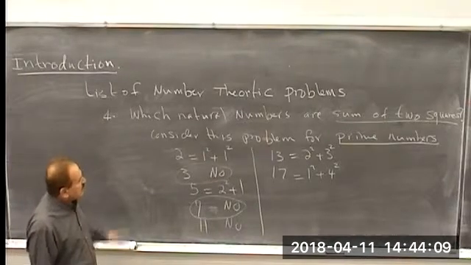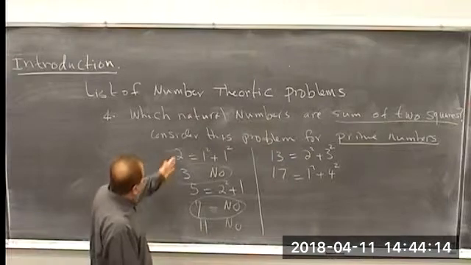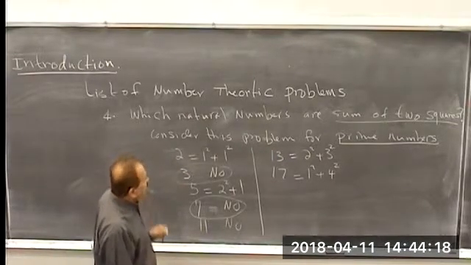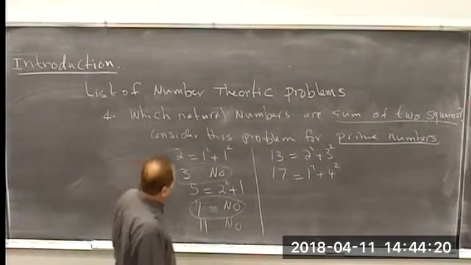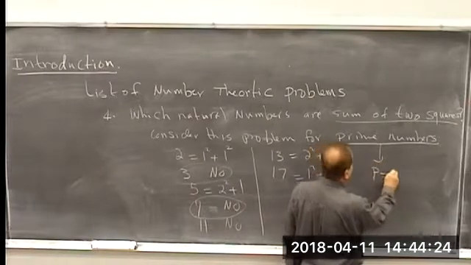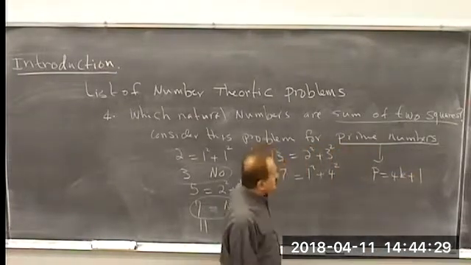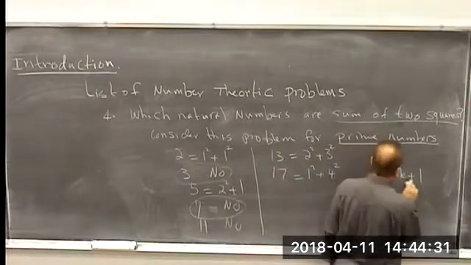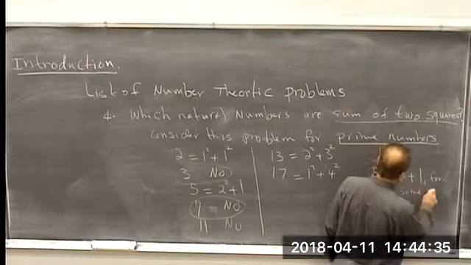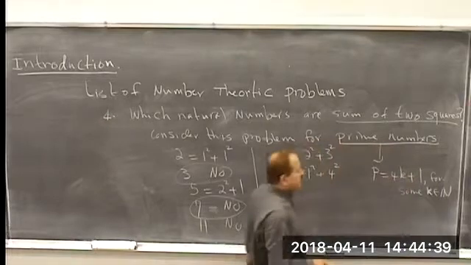And by looking at this, sometimes you want to see what kind of primes can be written as a sum of 2 squares. It turns out that primes of this form: if p is a prime and p equals 4k plus 1 for some natural number k, then yes.